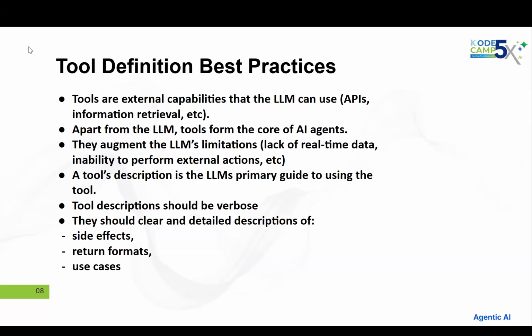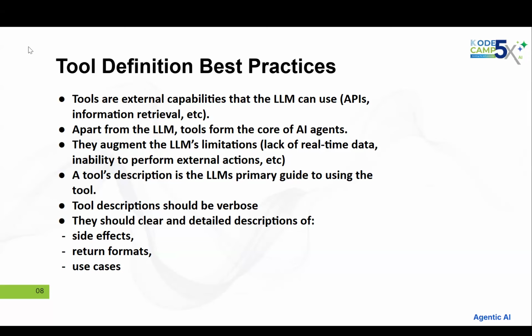Brevity is not a good thing in this case, because when you try to be brief, you may not provide adequate context for the LLM to really understand how and when to use the tool. So detail is important for the tool descriptions. All right, thank you. You're welcome.